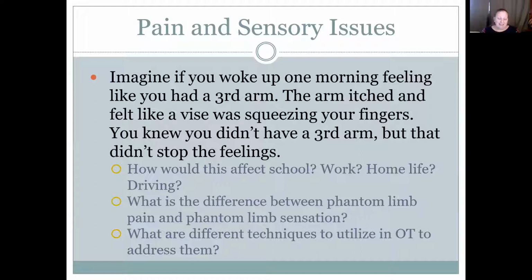Phantom limb sensation is going to be things like itching and touching a specific part of the whole limb or part of the limb that was amputated, okay? So where phantom limb pain is global on that limb and it's excruciating pain, the sensation is like, oh well, I've got an itch on my ankle that I need to scratch, but you don't have that ankle anymore, okay?